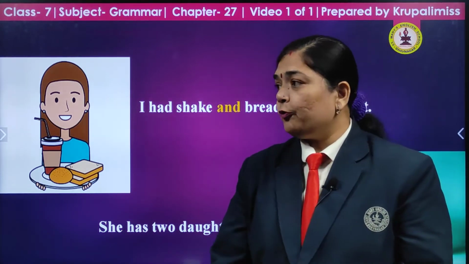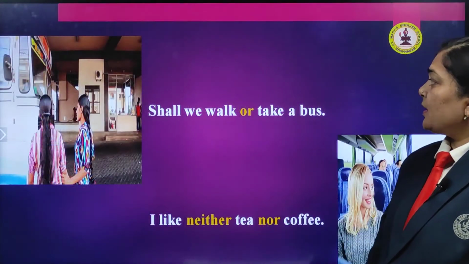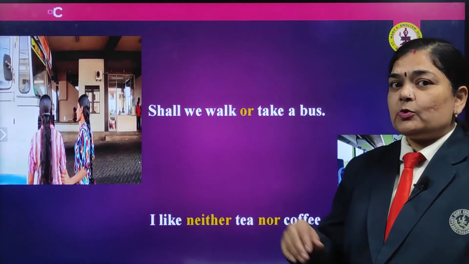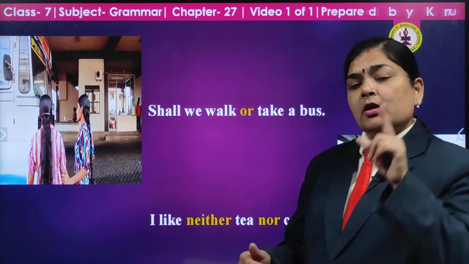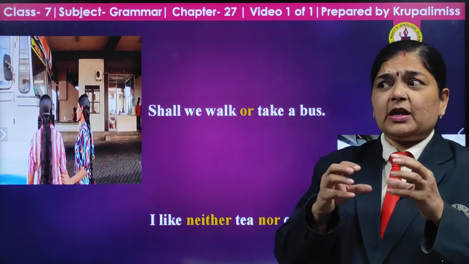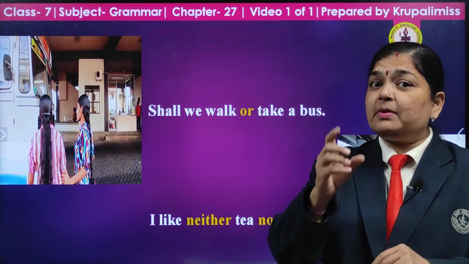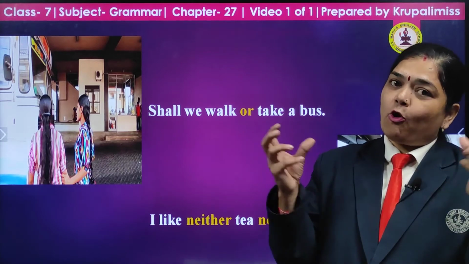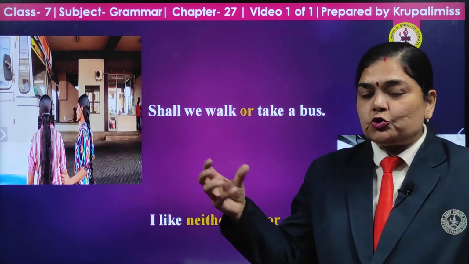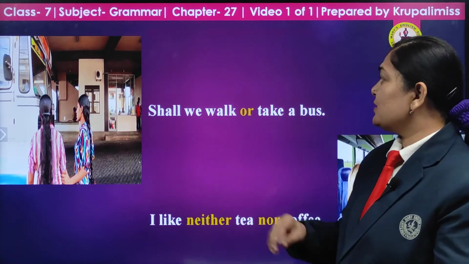Let us go to a few more examples. Now, in the first one we are using the word or. Conjunctions can be single words, and a pair of words can also be used to join as conjunctions.